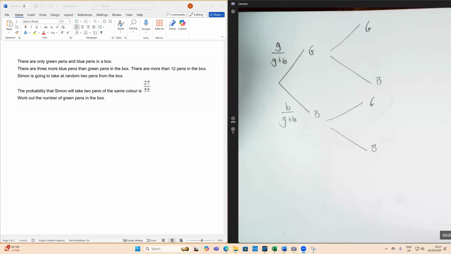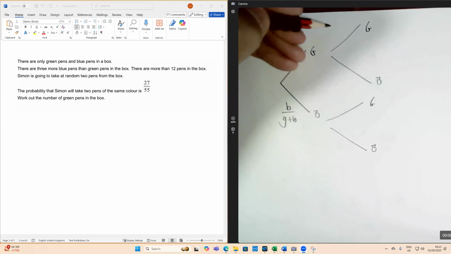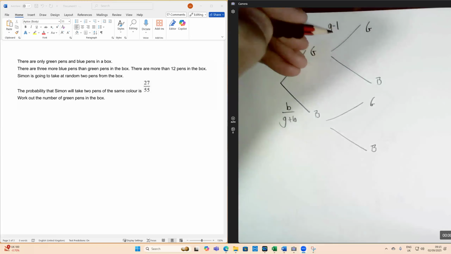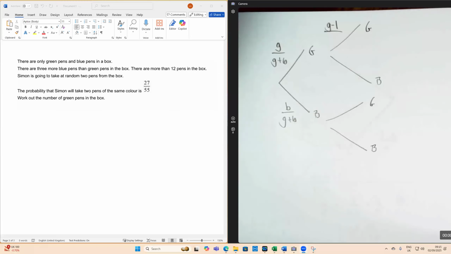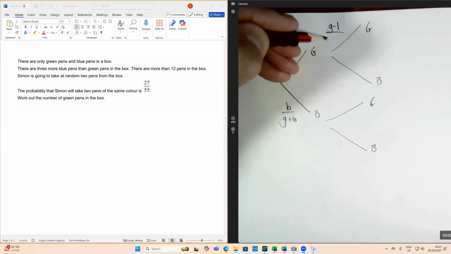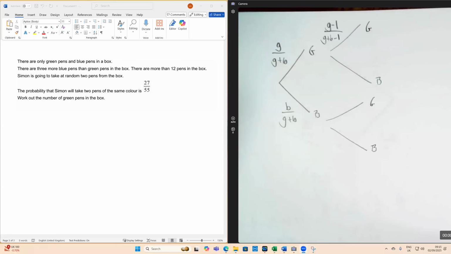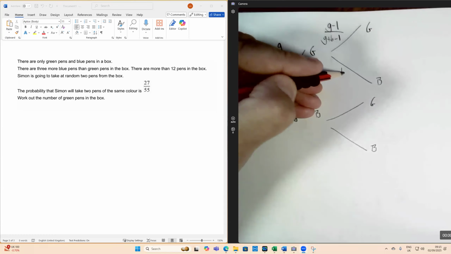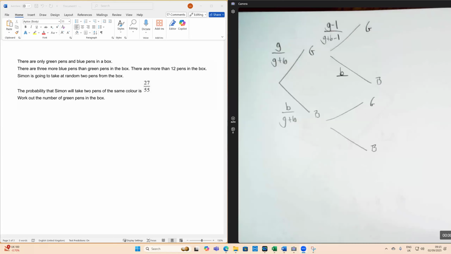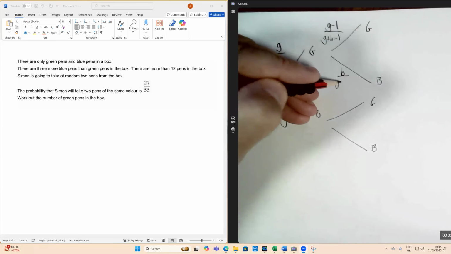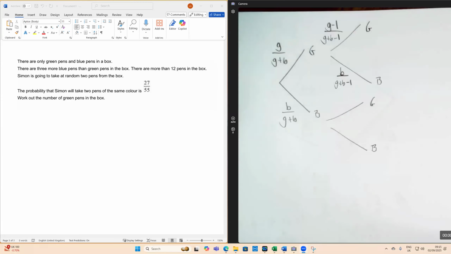Now let's imagine that we had taken out a green pen first. We would have G minus 1 green pens, and the total number of pens in the box would be G plus B minus 1. If we'd selected a green pen first, there'd still be the same number of blues when we come to select the second pen. So it would be B over G plus B minus 1.